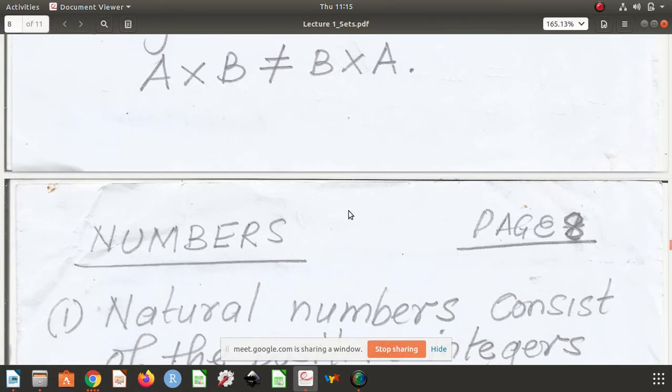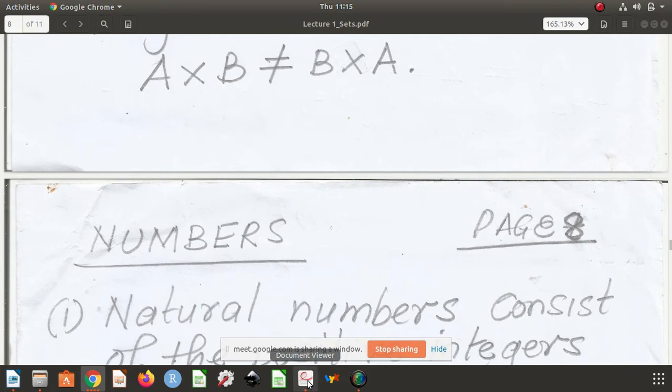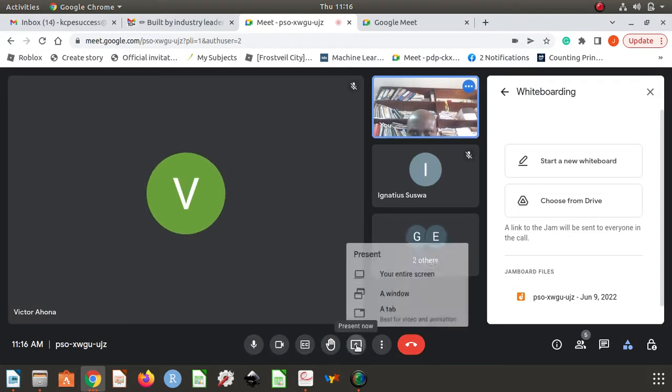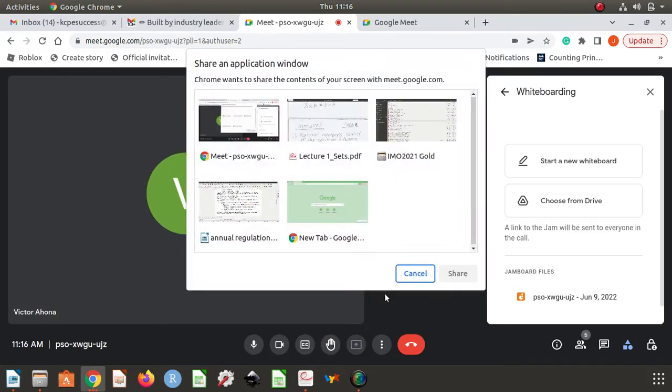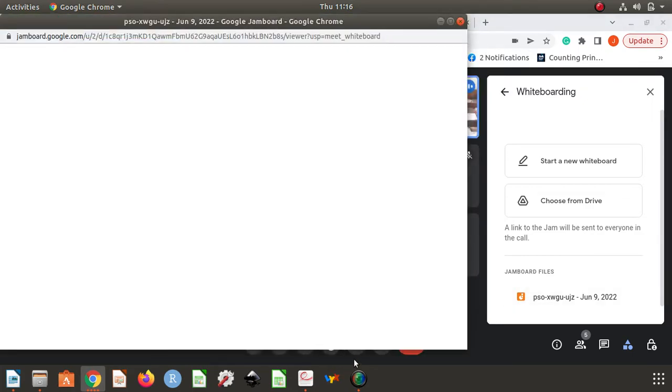So maybe the last thing I would say before we move to numbers is as follows. Something that we need to talk about for sets. I need to share the board again. Oh, I need to activate the board first, and I can share it.